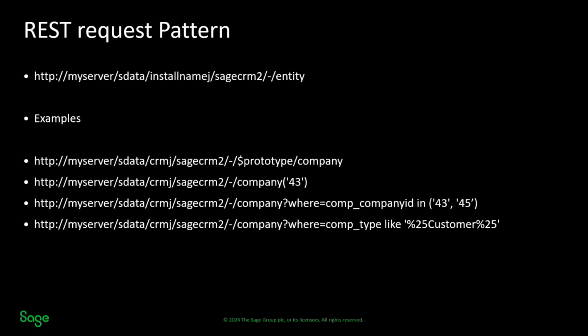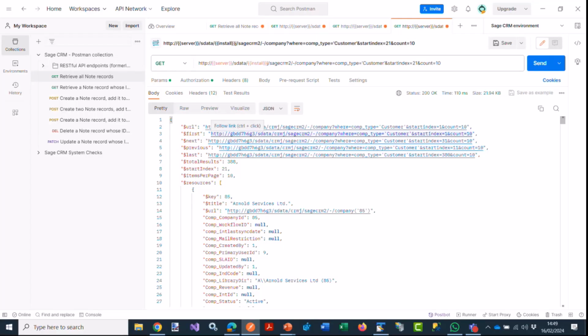I've had to use URL encoding to be able to do that. This may or may not be true for your implementation, whichever development tool that you're using, but certainly in Postman, properly encoding things is necessary. And that shows you the types of query that you can ask.